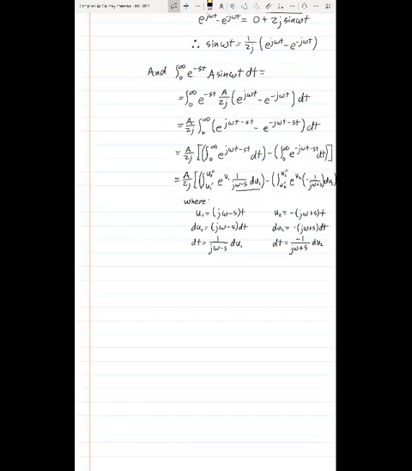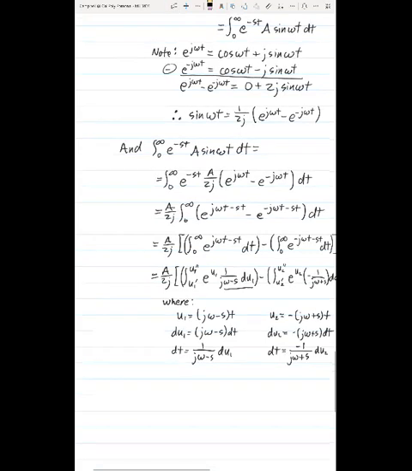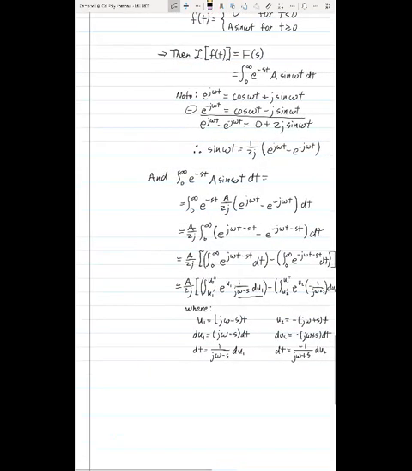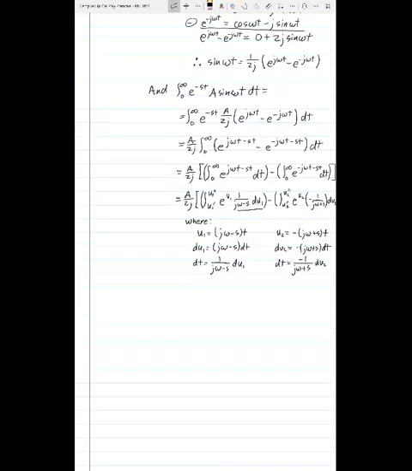And so now working with those particular expressions, clearly, hopefully I can get it back to about the original. It looks close enough. So we'll just run with that. So clearly this 1 over j omega minus s is a constant.